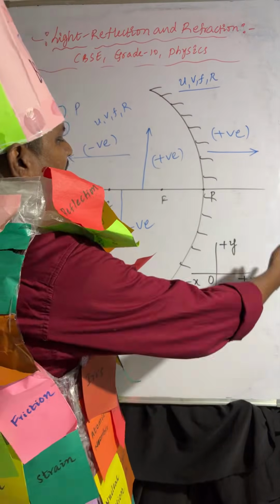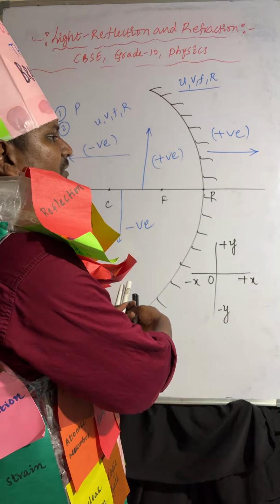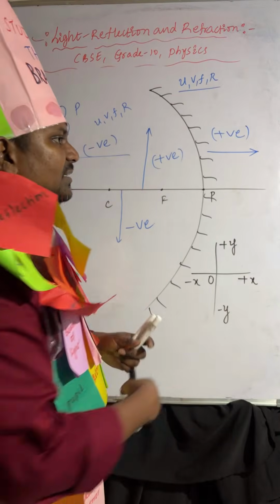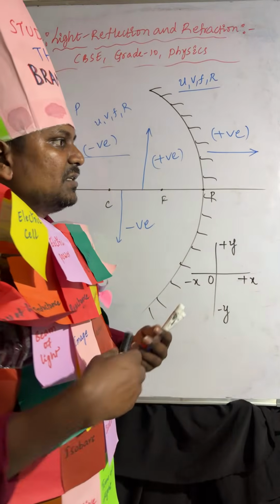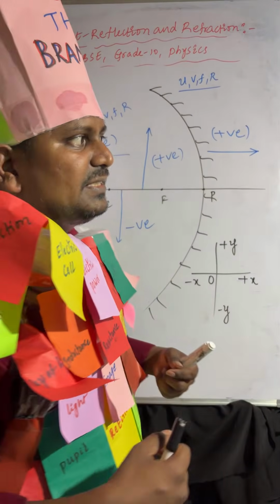This side is the positive x-axis, this side the negative x-axis, above is the positive y-axis, below is the negative y-axis. The same thing we apply here. That's enough, nothing else, very simple, very easy.